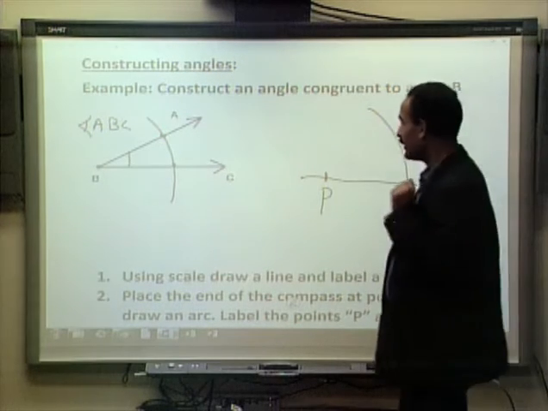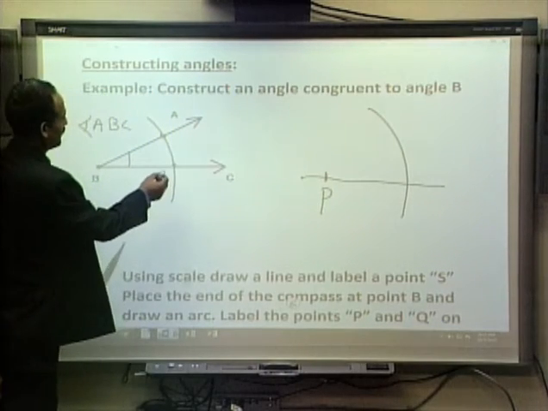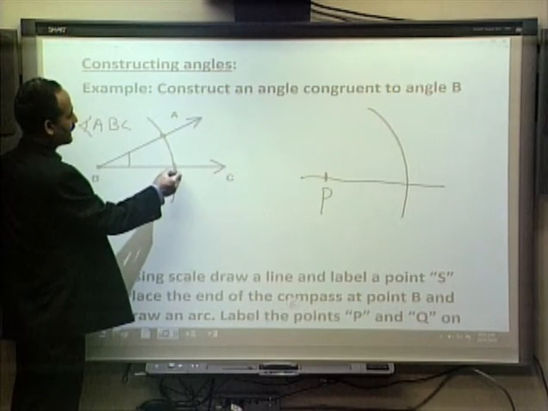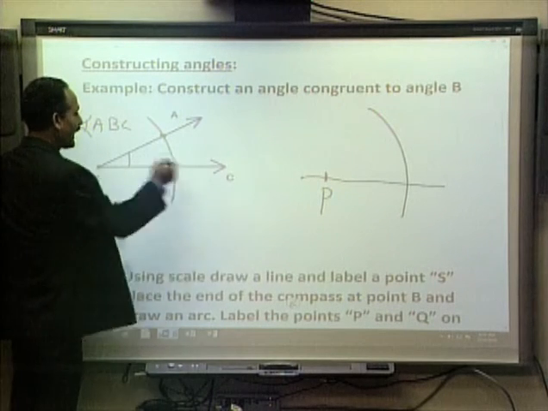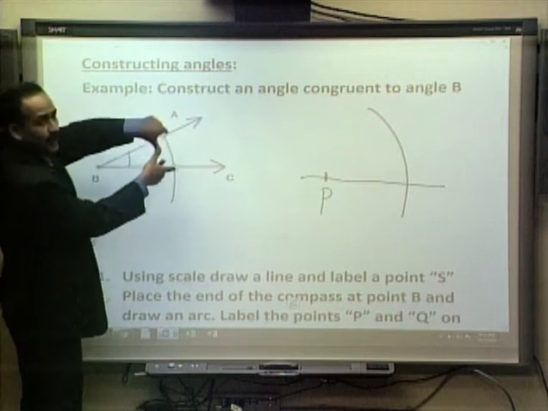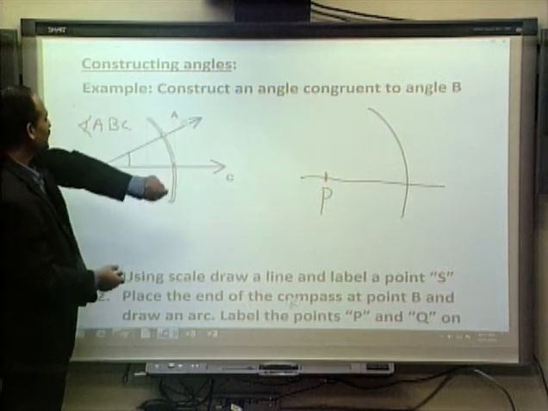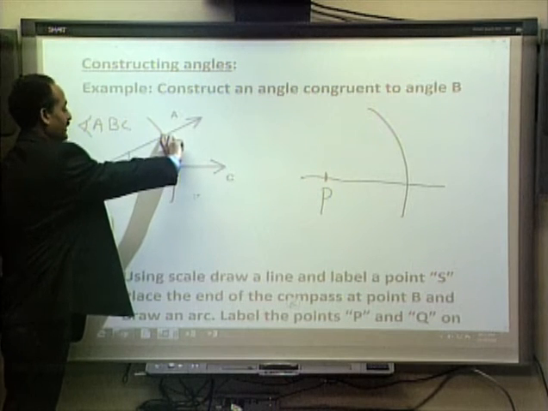Next, using our compass, we will put one end of the compass at this point on the line BC, and we will change the opening of the compass so that the other end will touch this point on AB.